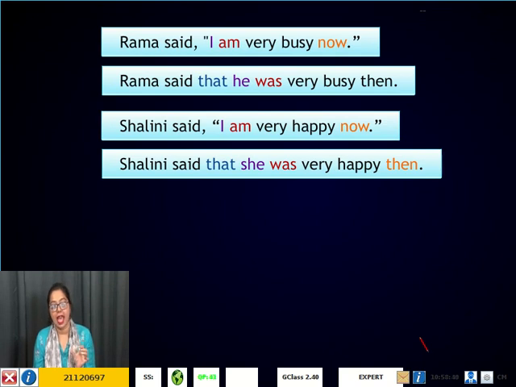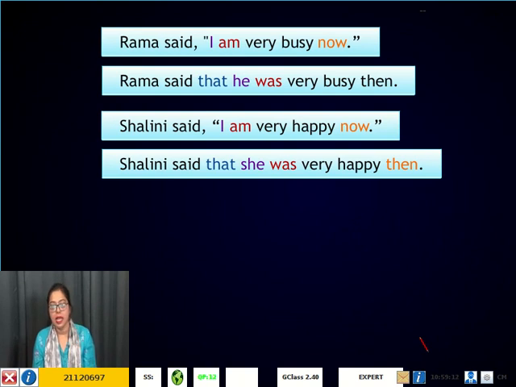Shalini said that she was very happy then. Look at the second example very carefully. In the direct speech, "I am very happy now" is written, so I am is highlighted. After Shalini said, what will we use? We will use the word that. So I am gets converted, since Shalini is a girl, we will use she here, that is third person singular.